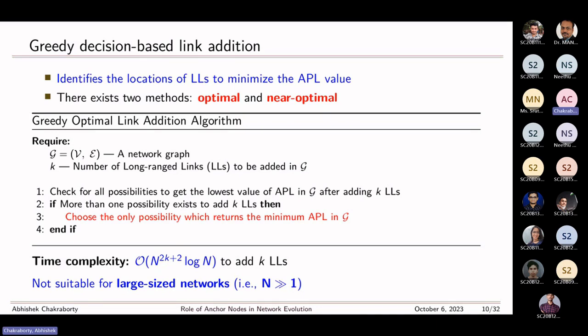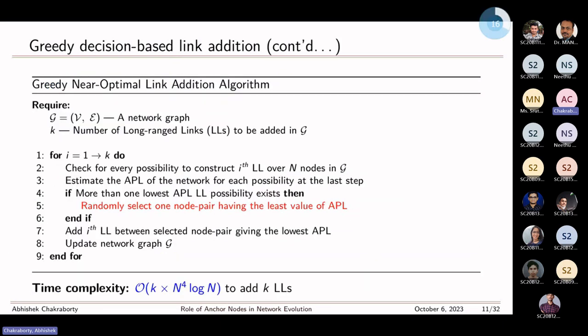So that's why we are going for near optimal. What is the difference between optimal and near optimal? Instead of adding all KLLs together, like 2 LLs together, we are sequentially adding one by one. If we have to add 2 LLs, we first add the first LL, then we go for the second LL.